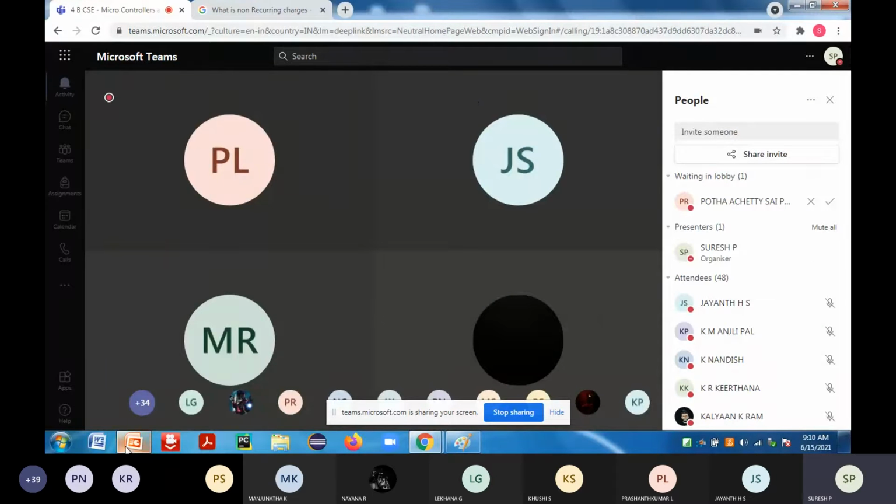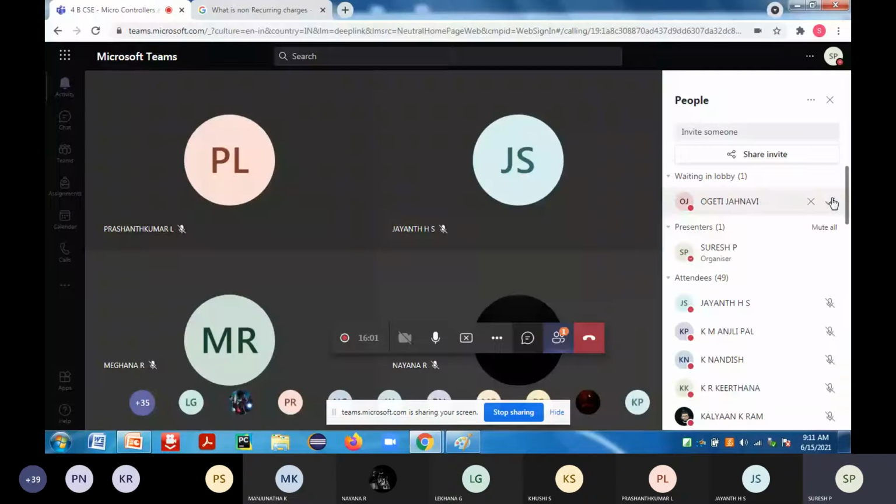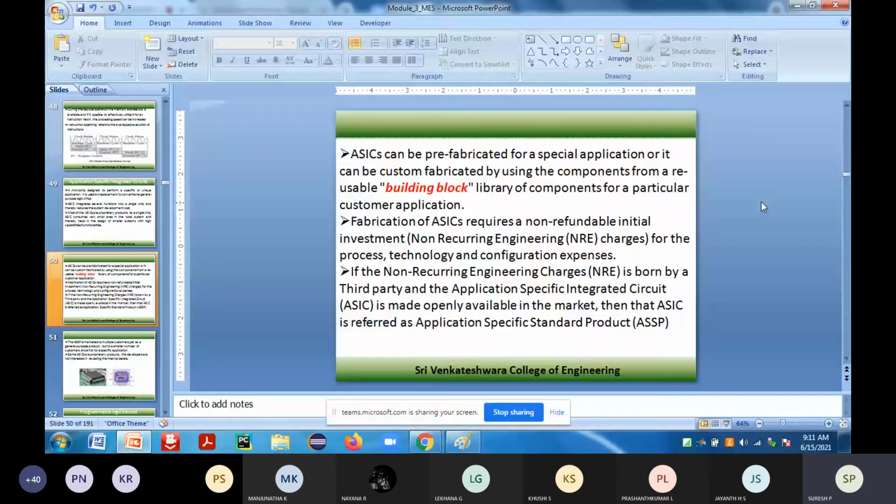So when you are doing the fabrication, fabrication is nothing but building a die, or building a chip. It requires a non-refundable initial investment. What does that mean? When you are developing anything for the first time, you will be having some losses, right?